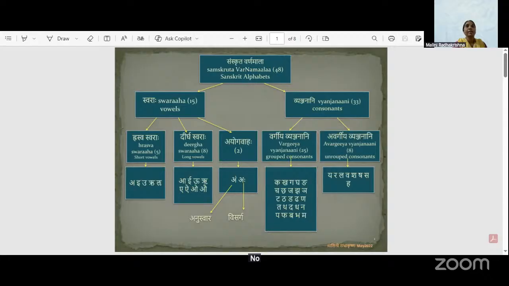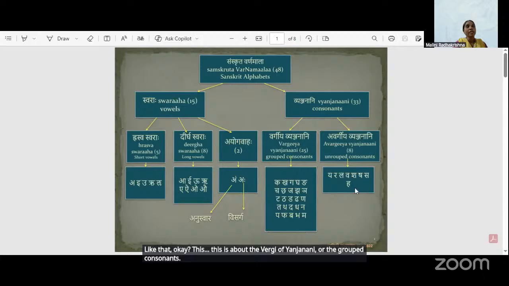Then for pa varga it will be pa, pha, ba, bha, ma. Whenever we are pronouncing phala, the second mahaprana pha should be pronounced like that. This is about the vargiya vyanjanani, or the grouped consonants.